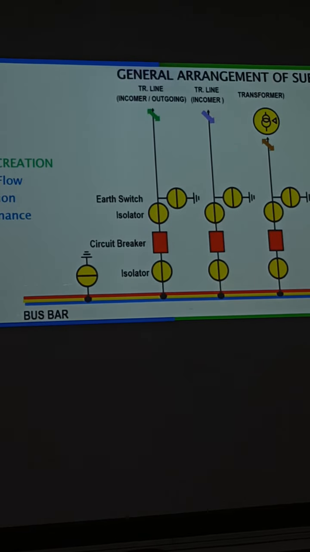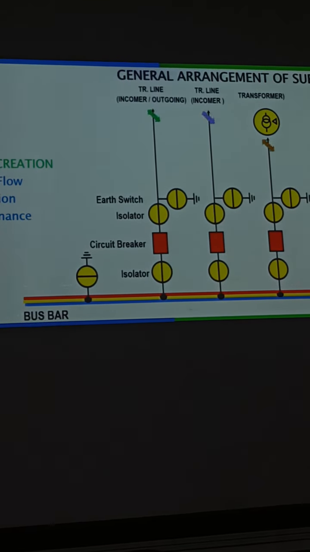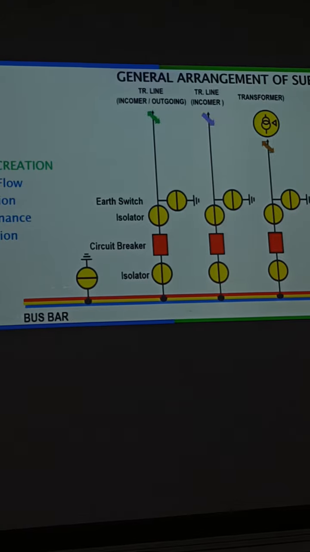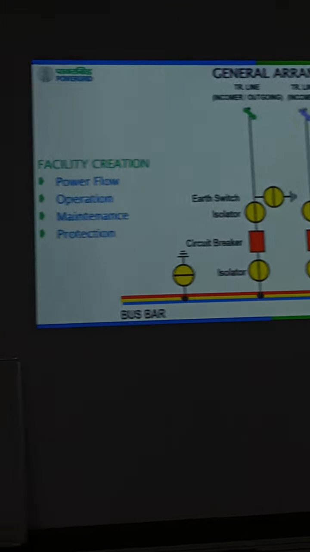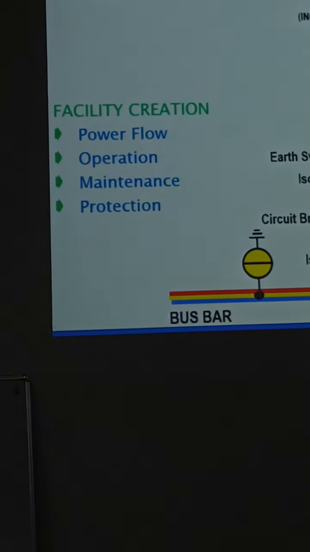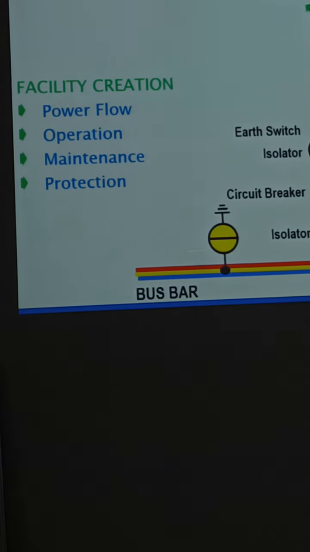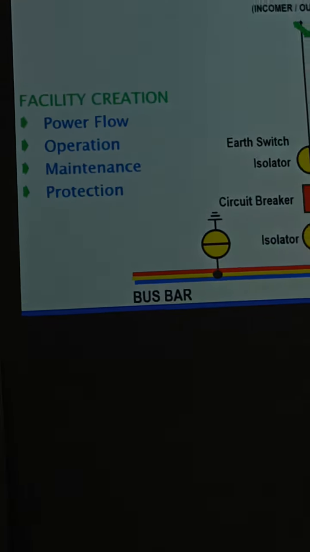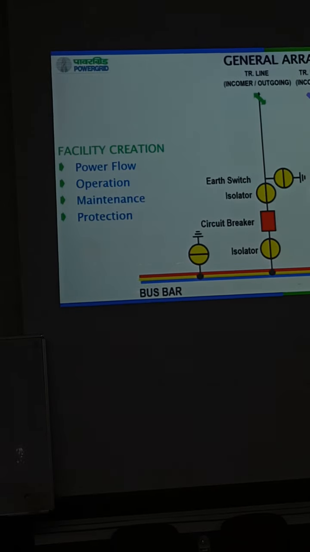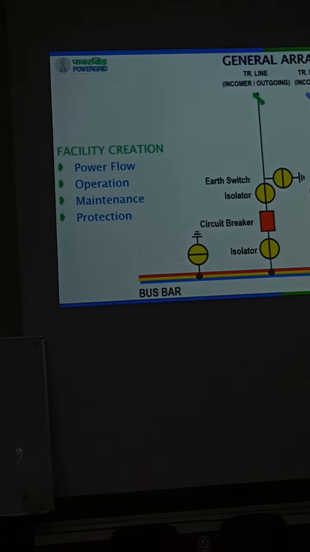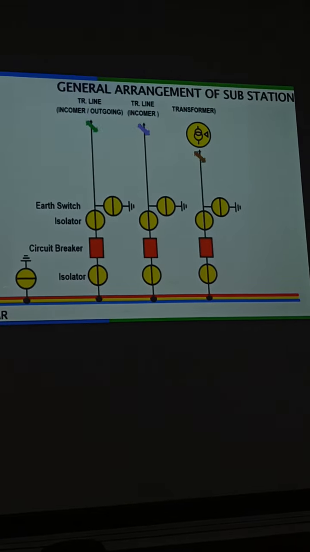Next requirement is protection. Any asset you create, you have to have some protection, otherwise it will get damaged. Because there are a lot of external enemies out there, your asset is exposed to them.